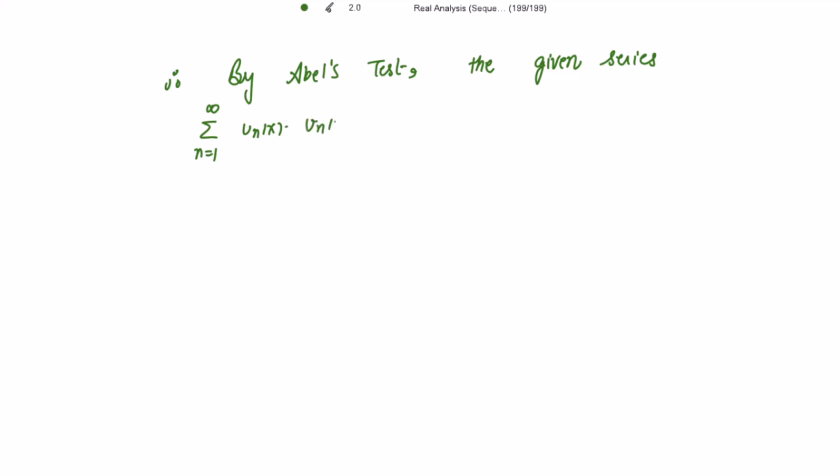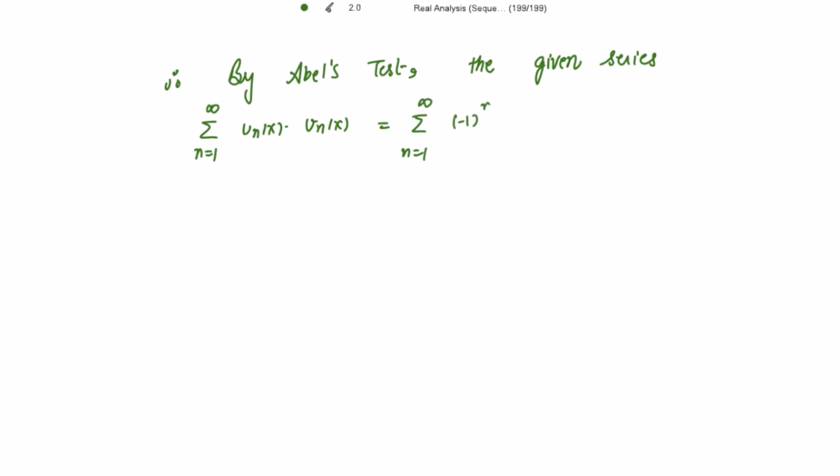So therefore, by Abel's test, the given series, that is summation n going from 1 to infinity u_n(x) into v_n(x), that is equal to summation n going from 1 to infinity, what is u_n(x)?